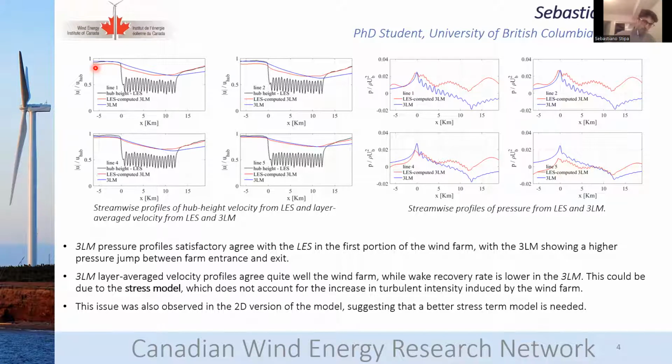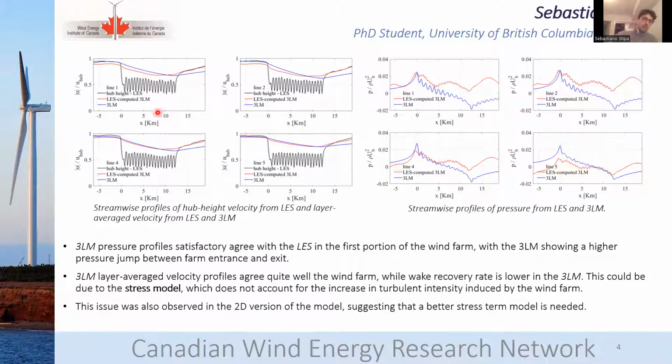I will talk about this comparability issue that we have between this model and what was done so far in literature, where usually the hub height value is taken. So we are looking at the perturbation velocity from the 3-layer model, from the LES, and the hub height velocity from the LES depicted in black.